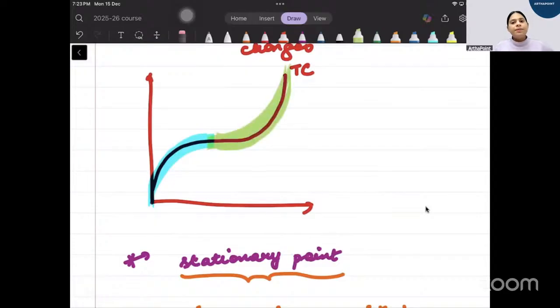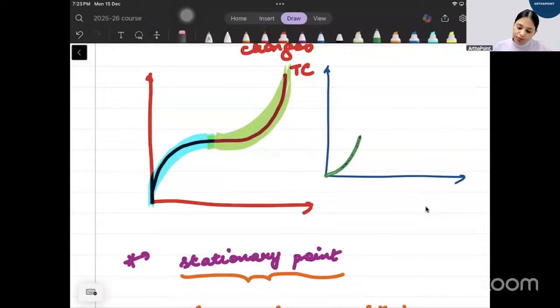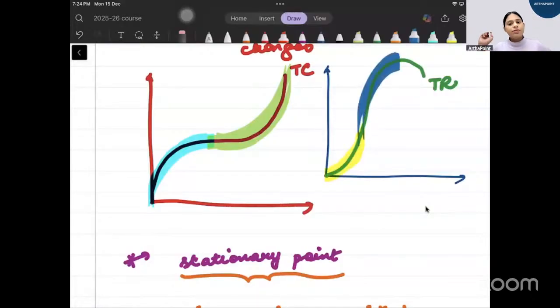And when we draw the total revenue curve of a monopoly, the curvature of the function is also changing.